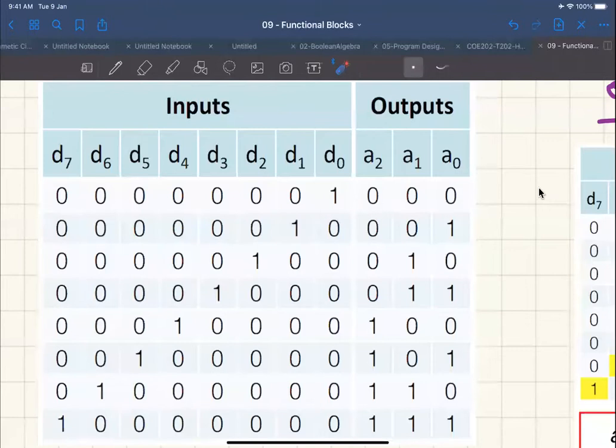This output here corresponds to decimal 2, and it tells us that D2 is 1. This output here, 5, tells us that D5 is 1. So each time, the output tells us which input has a 1 in it. So this is how you understand encoders now.